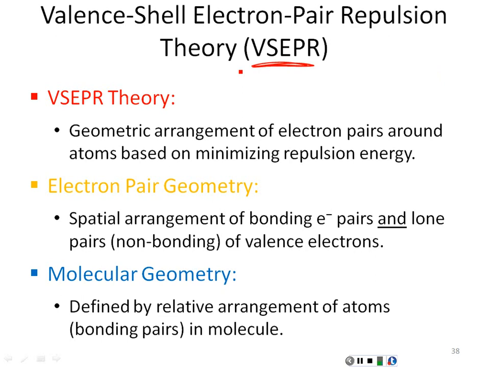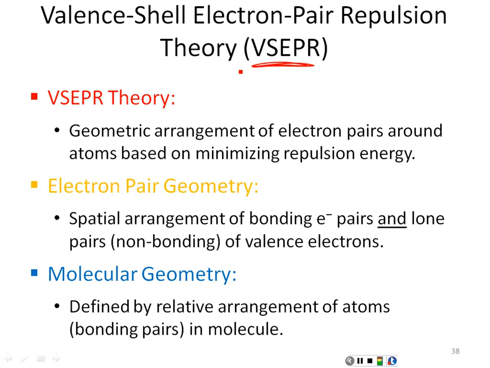So VSEPR theory is the geometric arrangement of electron pairs around an atom based on minimizing the repulsion energy. Electrons are negatively charged, they repel each other, so they want to spread out as far as they can to minimize that repulsion. And we have a couple terms. One is the electron pair geometry.